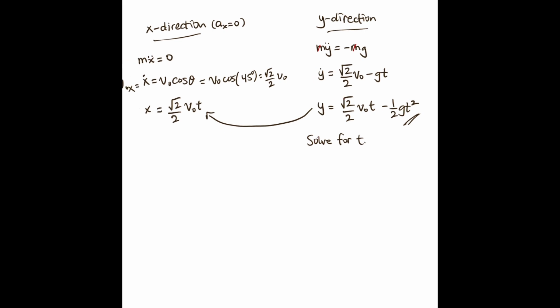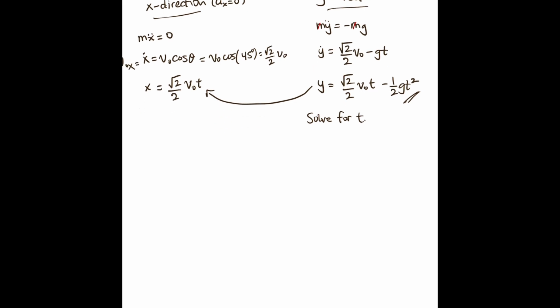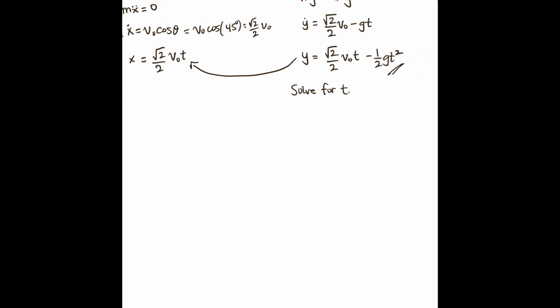Now from this y equation, we can solve for t and then plug it into our x equation afterwards. So for this, we're going to have to use the quadratic equation. So we're going to have negative 1/2 gt squared plus radical 2 over 2 v0 t minus y equals 0.